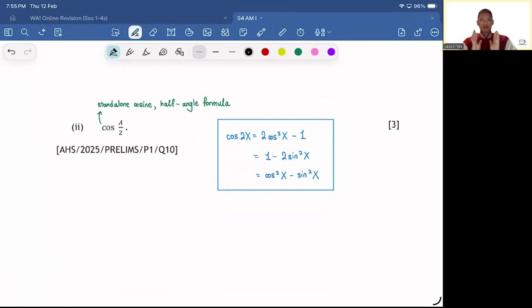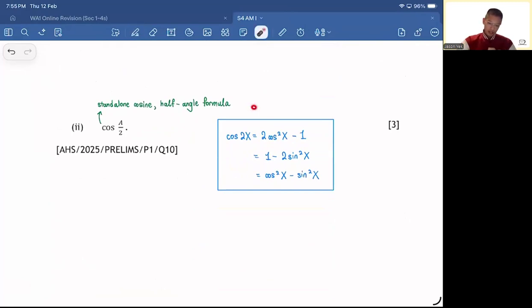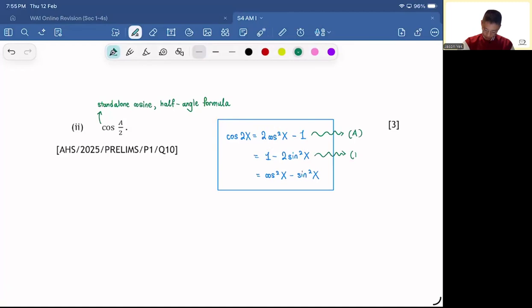Okay, over here, these are the three things that you will actually need to take note of, so that we can find, in this case, cosine A over 2. While I am labeling these equations, because I want to ask you all a question, let's say this equation is equation A, this equation is equation B, this equation is equation C. Now, disclaimer, all three equations will definitely be used.